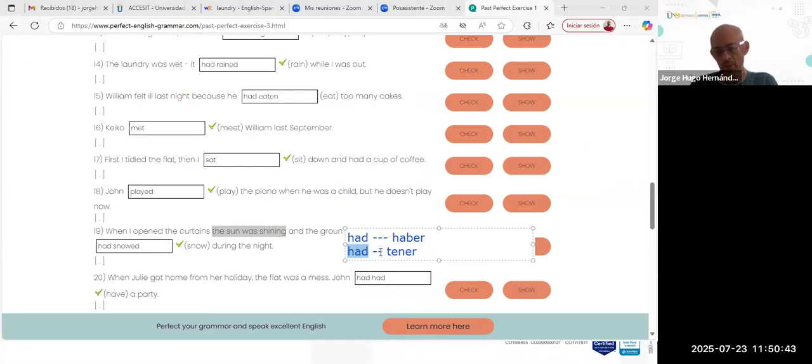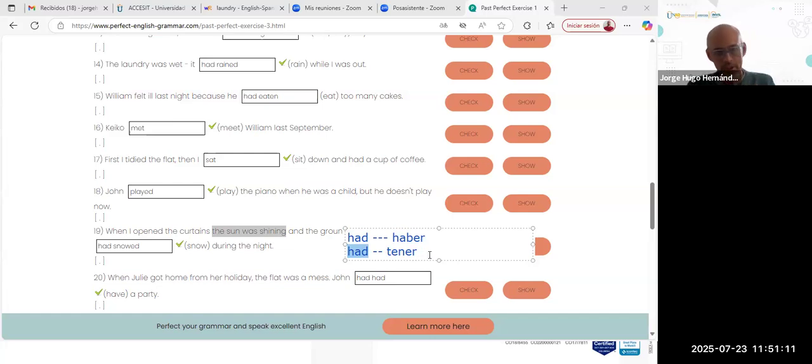So in Spanish, we were saying John había tenido, ¿no? Remember that this had is in past, the past of haber, había. Here, the past of tener, in this case, is had, so había tenido. So, John had had a party. John había tenido una fiesta.